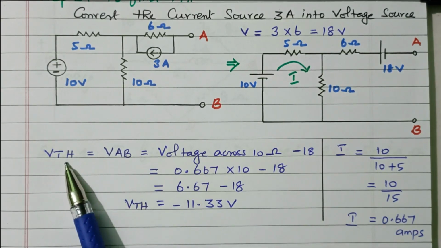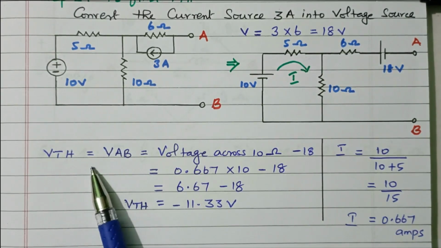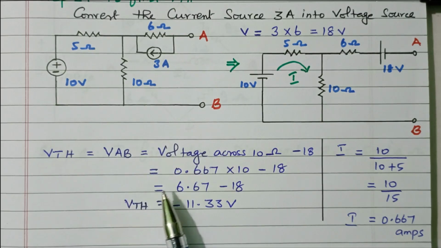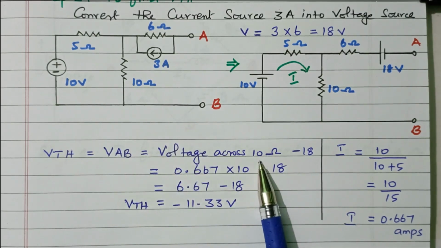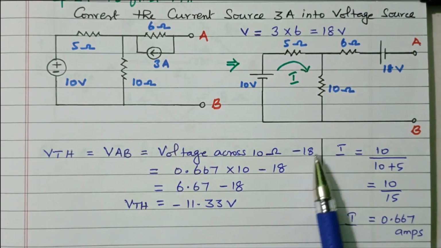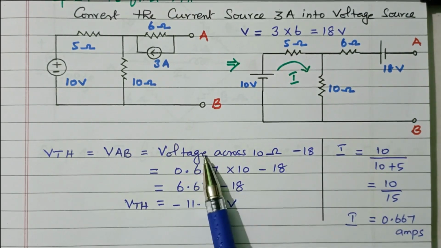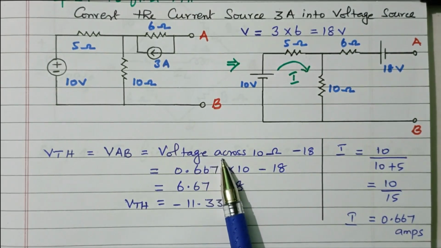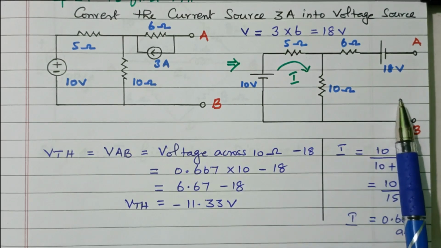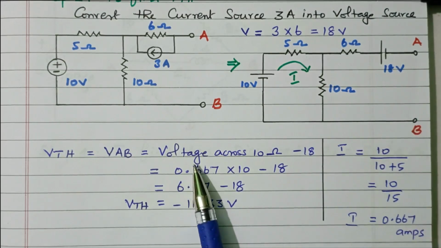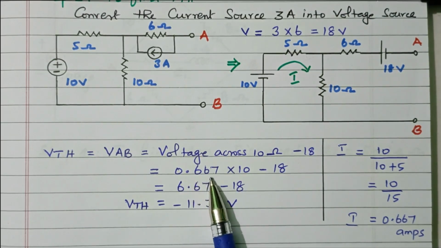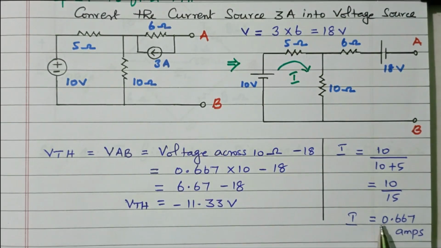So V Thevenin is nothing but VAB, the voltage across AB. That is equal to 18 minus the voltage across 10 ohm. This 18 volts is available, and from that we need to subtract the voltage across 10 ohm. Then we'll get V Thevenin or VAB. So the voltage across 10 ohm is V equal to I into R. I is 0.667 ampere, just now we calculated.